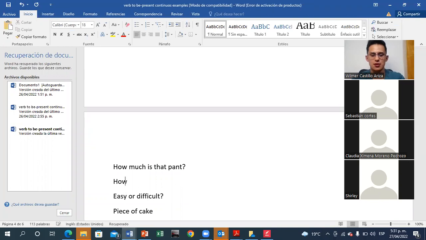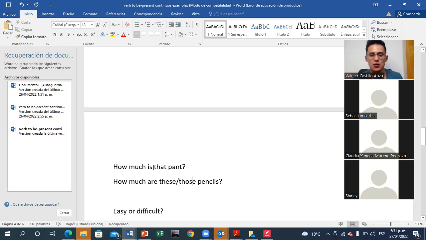How much are those pencils? Bueno, these, exacto, como queremos decir estos, decimos these pencils. Recuerden que lápiz es pencil y lápices es pencils. Si queremos decir cuánto valen esos lápices, colocamos those.